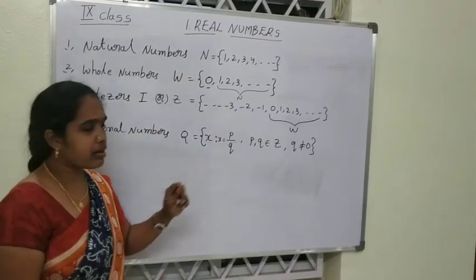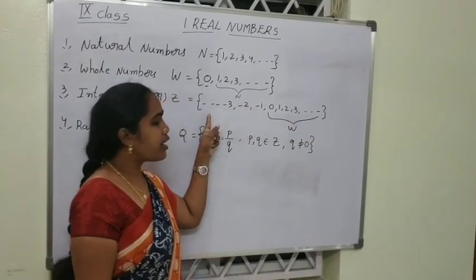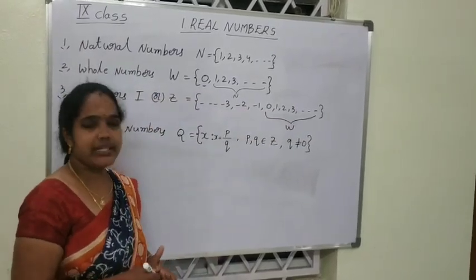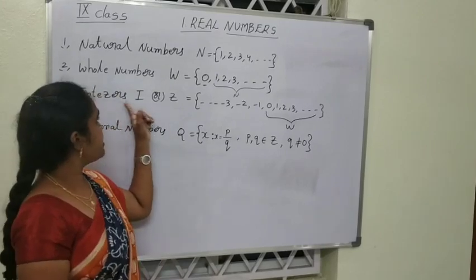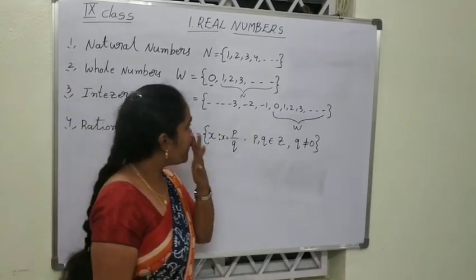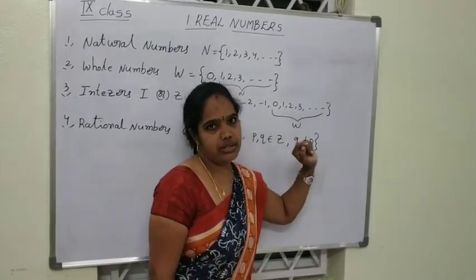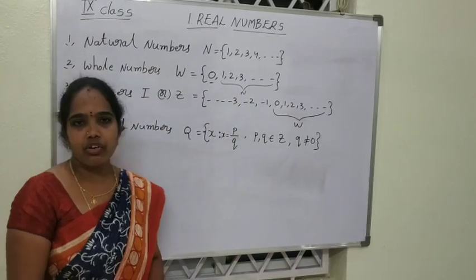Did you understand? Integers are denoted by the letter I or Z. Here also I kept dots, and so on.